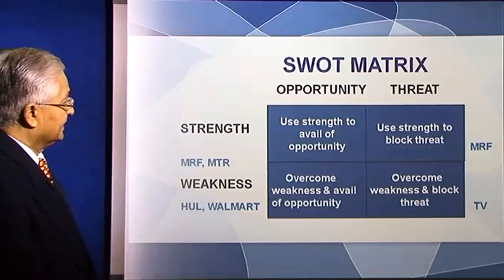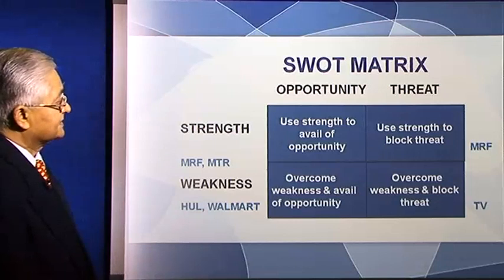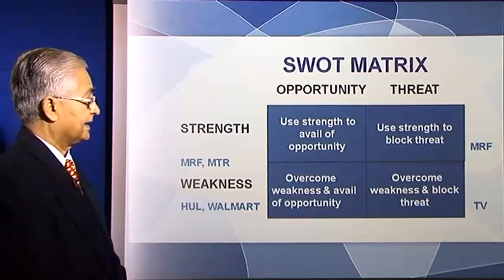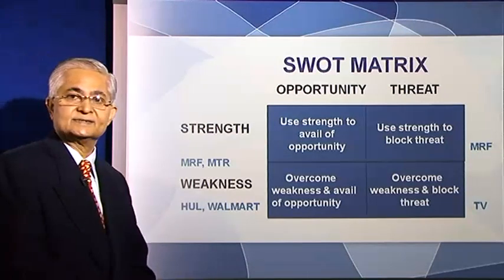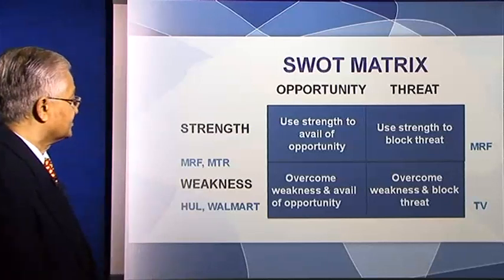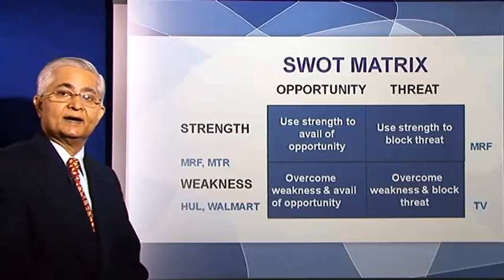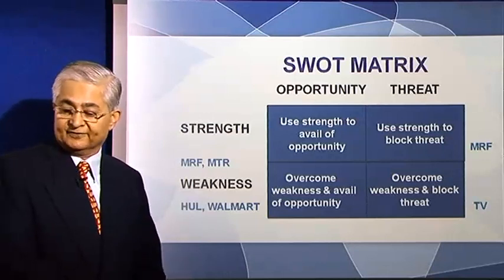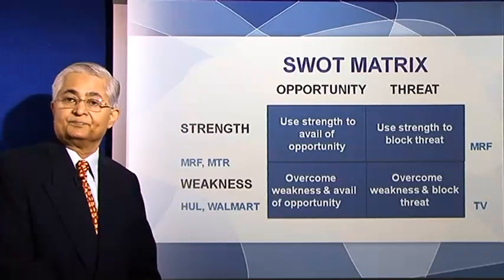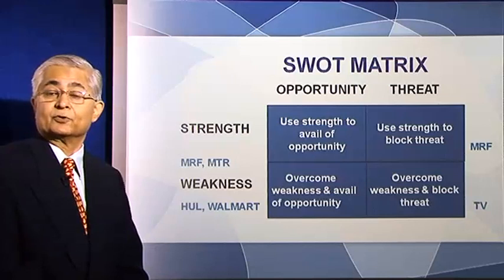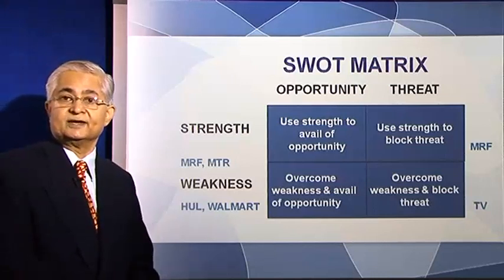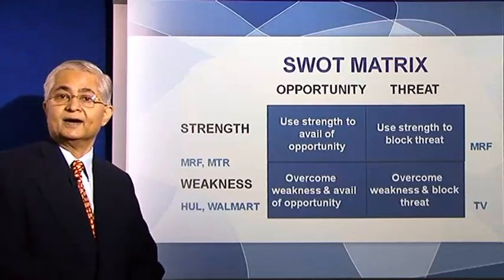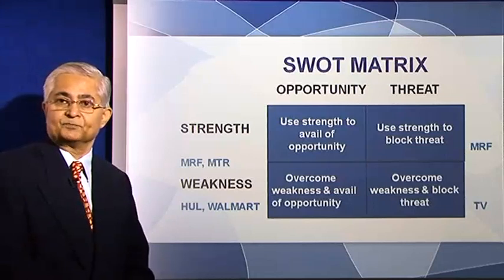Now, let's look at this cell where a company overcomes a weakness and avails of an opportunity. Now, let's take Hindustan Lever. Hindustan Lever has a robust distribution chain in all the urban areas in India, right?